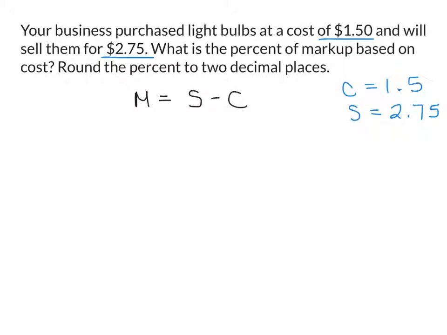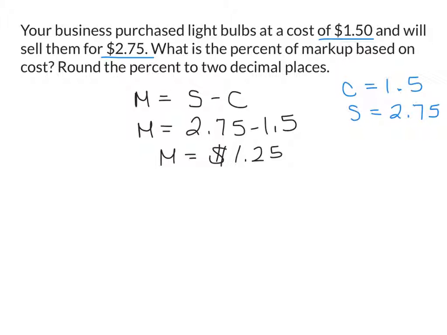We'll take those values and plug them into the formula to find the amount that the product was marked up. So 2.75 minus 1.50 gives us a markup value of $1.25.